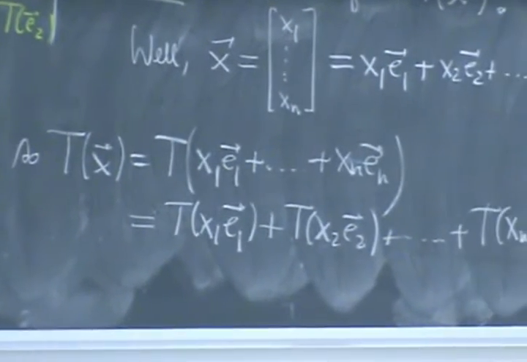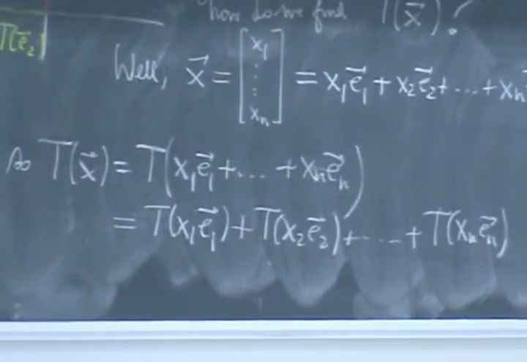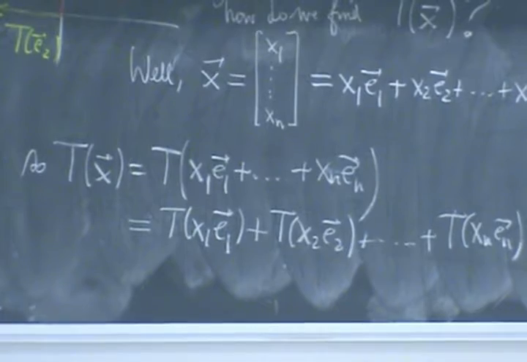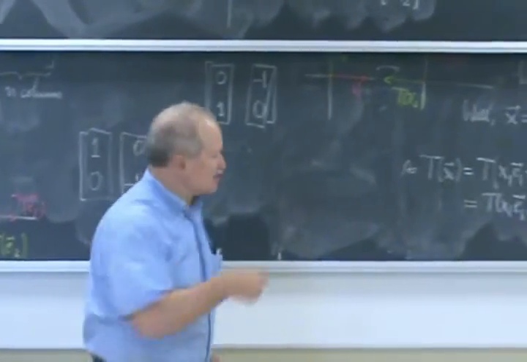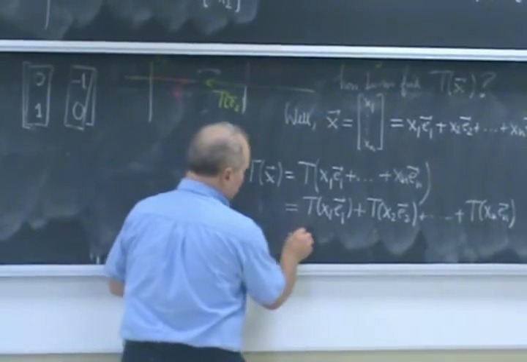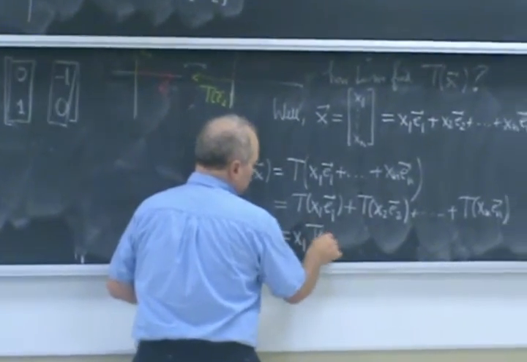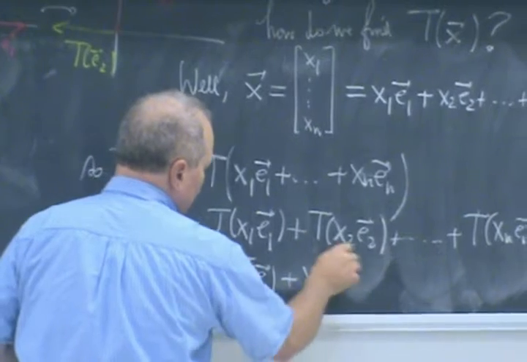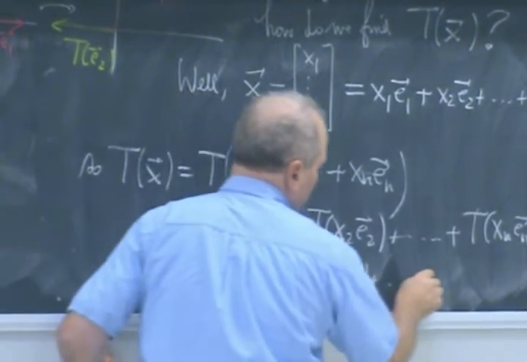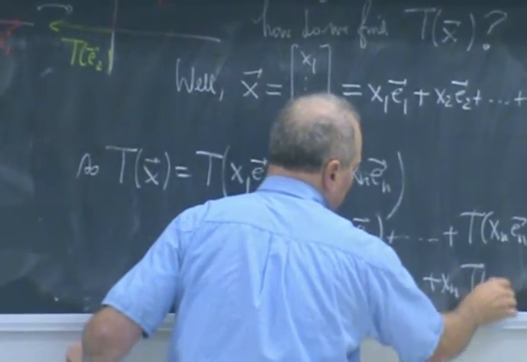So we're using the first rule for linearity. What does the second rule tell me? With the constant, scalars can pull out. So this should be x1 times T of E1 plus x2 times T of E2 up to xn times T of En.